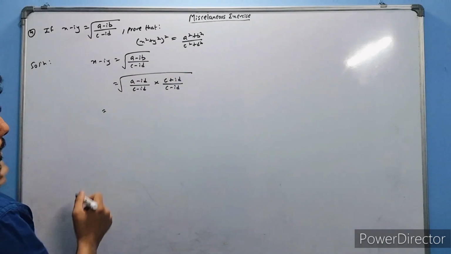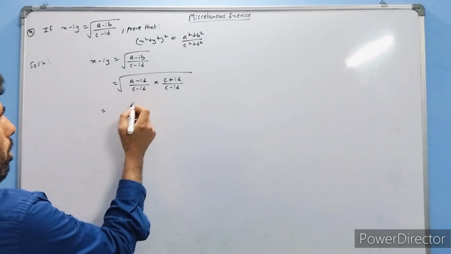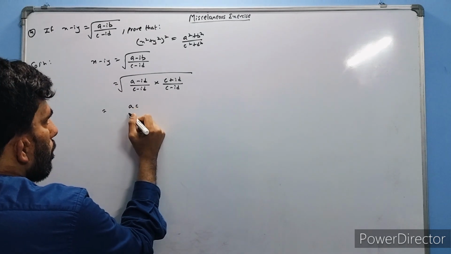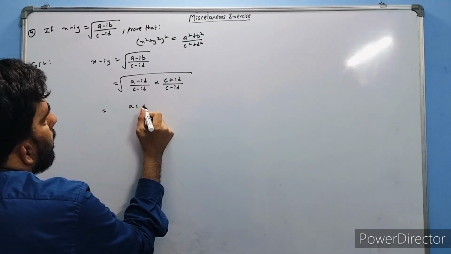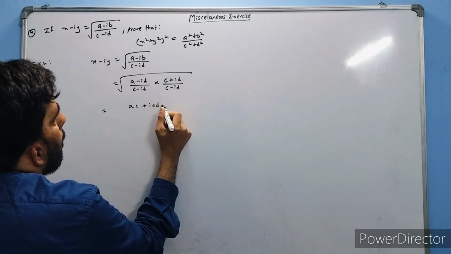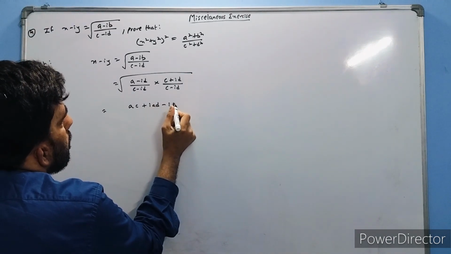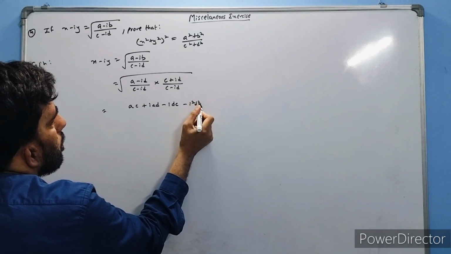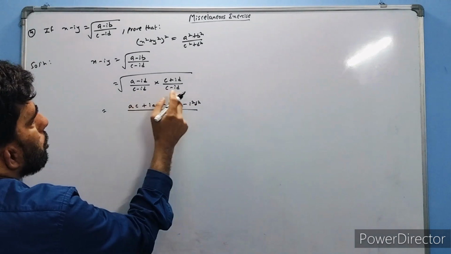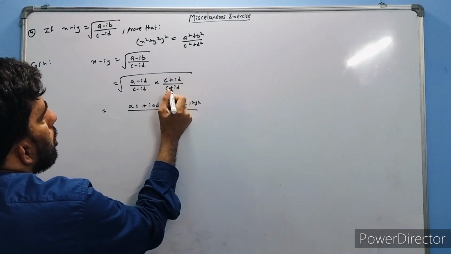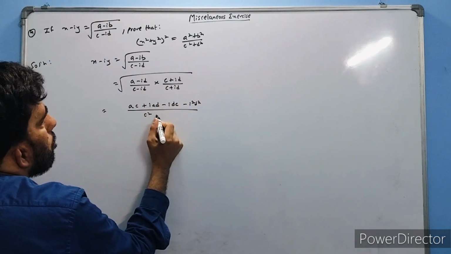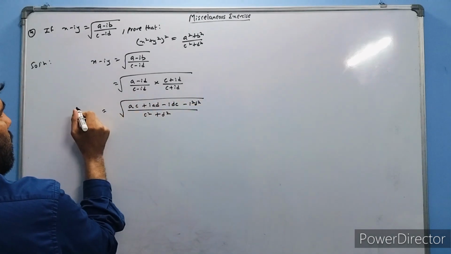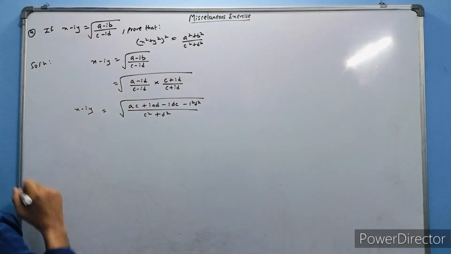So what we have here? If I solve this, I got ac, okay, plus iad minus idc. We have minus i square d square upon a plus b into a minus b. So I got a square minus, plus it will be d square, under root I have.